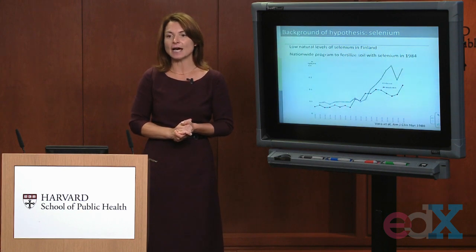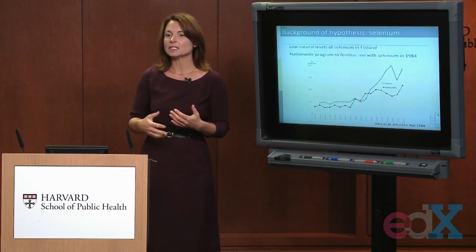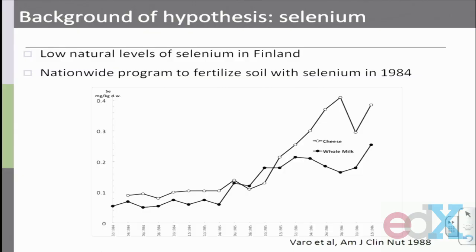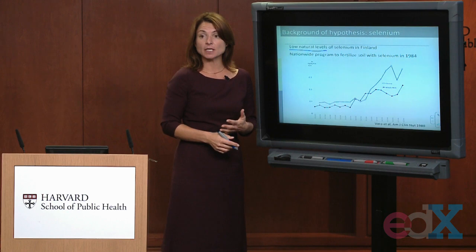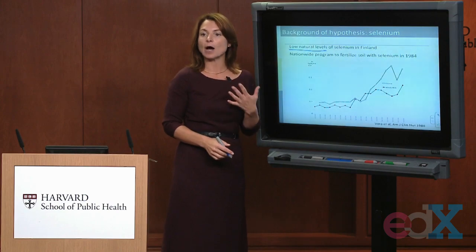And the reason is that the amount of selenium that a person takes in really depends on where food is grown. For example, there was a really interesting natural experiment in Finland. Back in the 1980s and before, Finland had very low natural levels of selenium in the soil. As a result, the food that was grown in Finland had very low levels of selenium, and overall, as a population, selenium levels were quite low.